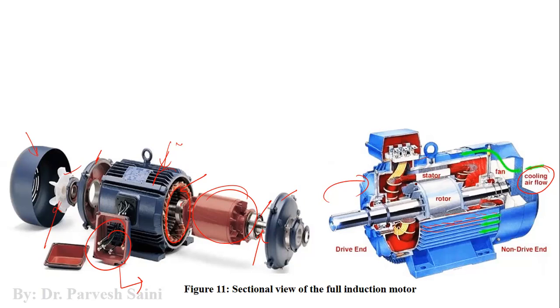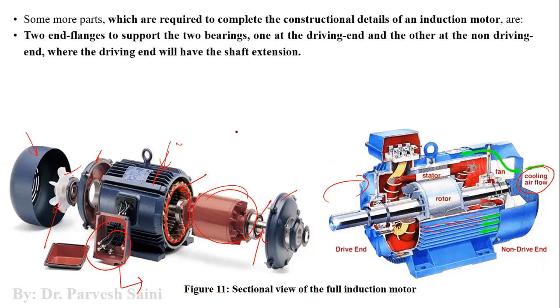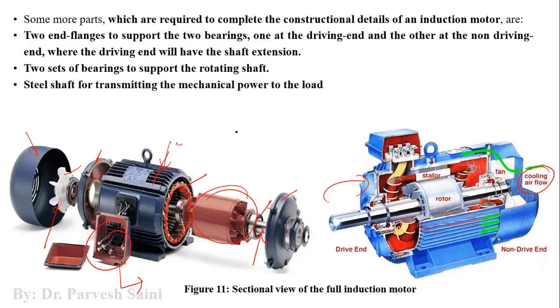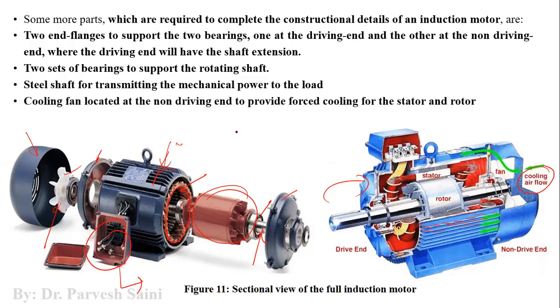Okay, so we have stator, rotor, and fan. These are some other parts of the induction motor. We have bearings with this, and the shaft is made up of steel, right? This shaft is coupled with the mechanical load, to transmit the mechanical power to the mechanical load, right?